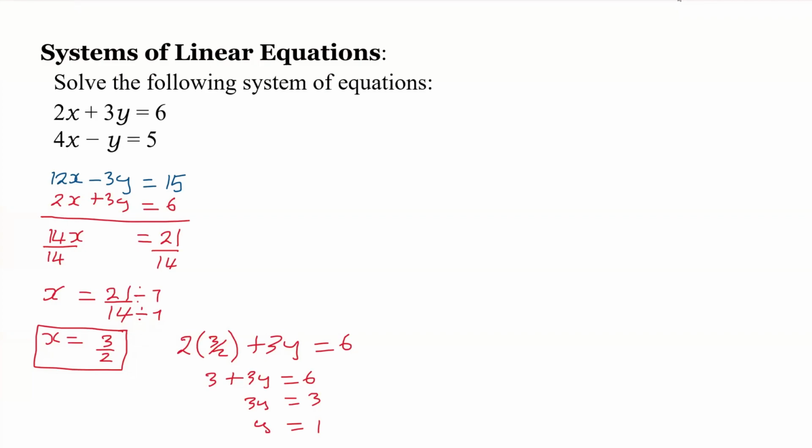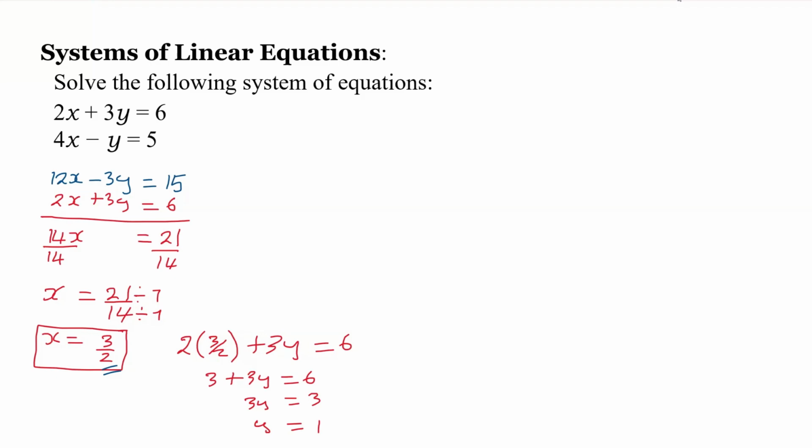Or what you can do is go back and eliminate the x instead. Normally when we get a fraction, I always recommend that you go and eliminate the other variable, but this one works out fine. If you replace x with 3 over 2, then the 2 cancels, you get 3, subtract 3. And then you divide by 3, you get 1.